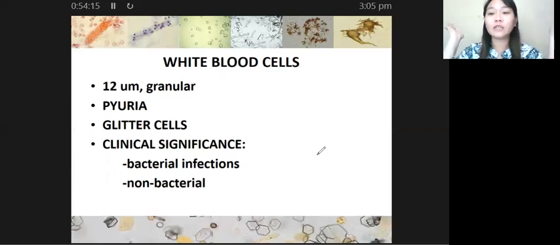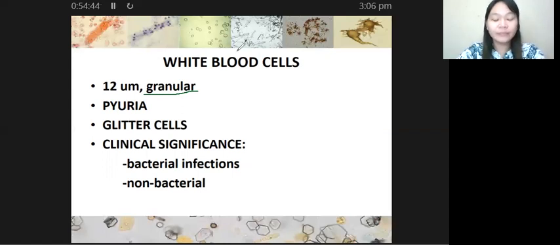Your white blood cells, on the other hand, persist, or they are not affected; they are resistant to the presence of your acetic acid. Apart from that, another point of differentiation is the cytoplasm: your white blood cells have a granular cytoplasm as compared to the non-granular cytoplasm of your red blood cells.